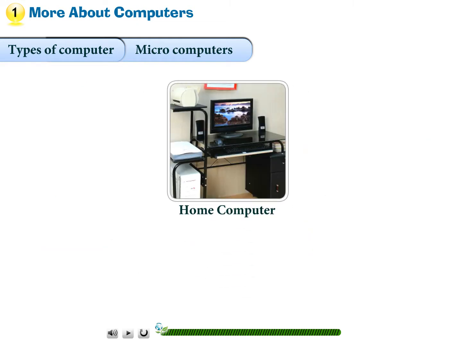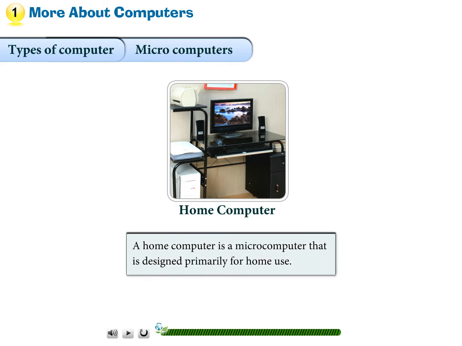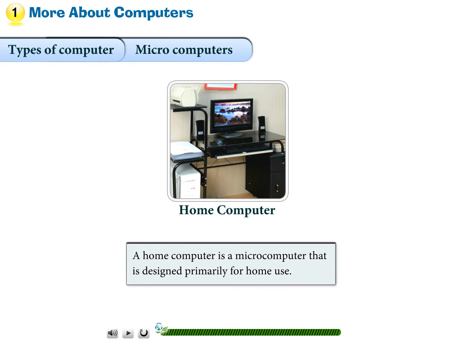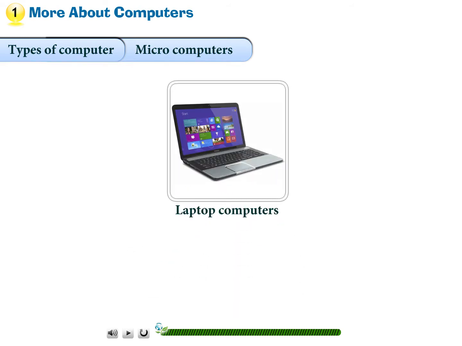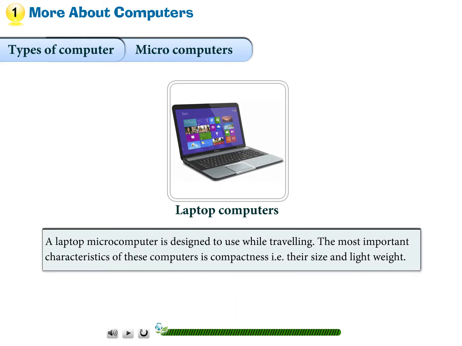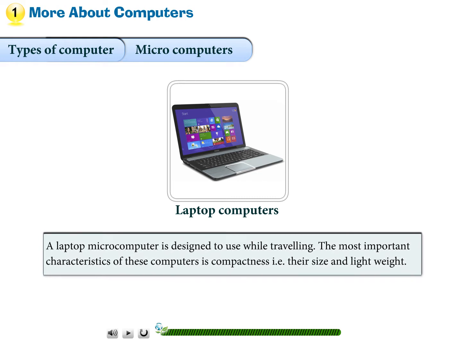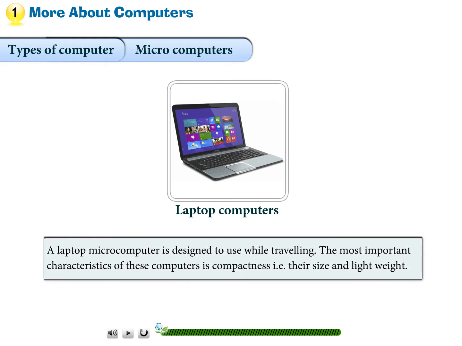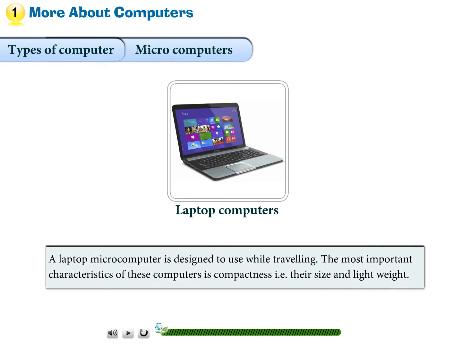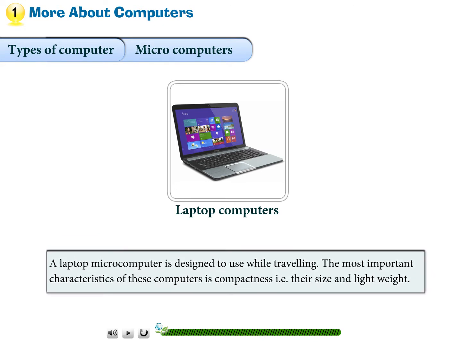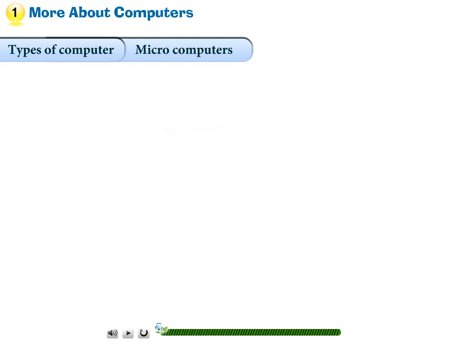Home computers. A home computer is a microcomputer that is designed primarily for home use. Laptop computers. A laptop microcomputer is designed to use while traveling. The most important characteristics of these computers are compactness, that is their size and light weight.